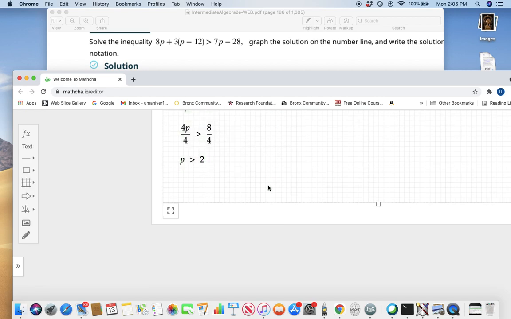How do I graph this? Somewhere here is 2. It is not equal to, so it's an open point. p is greater than 2, so p is to the right of 2.